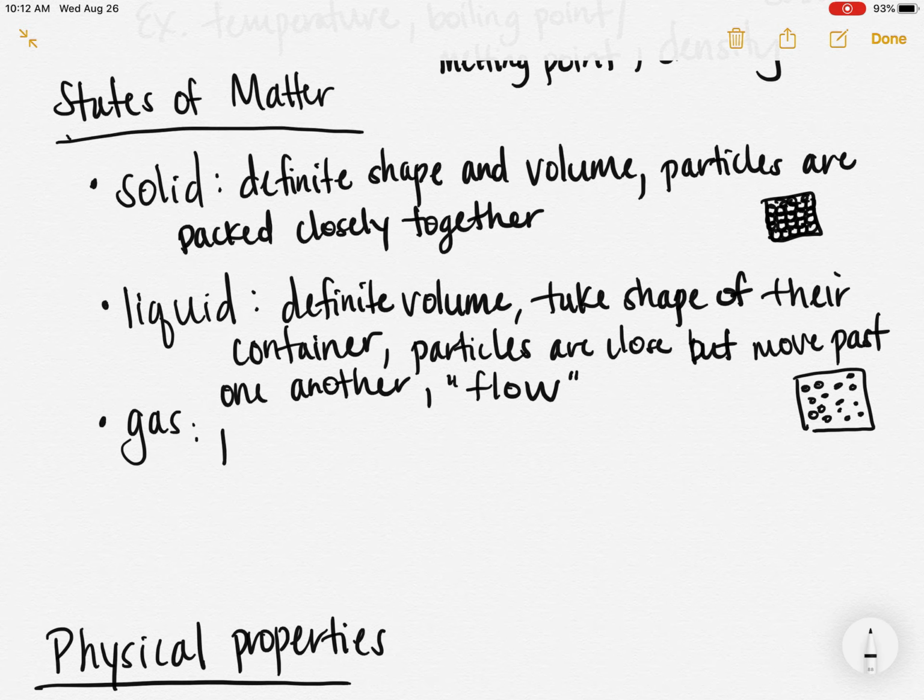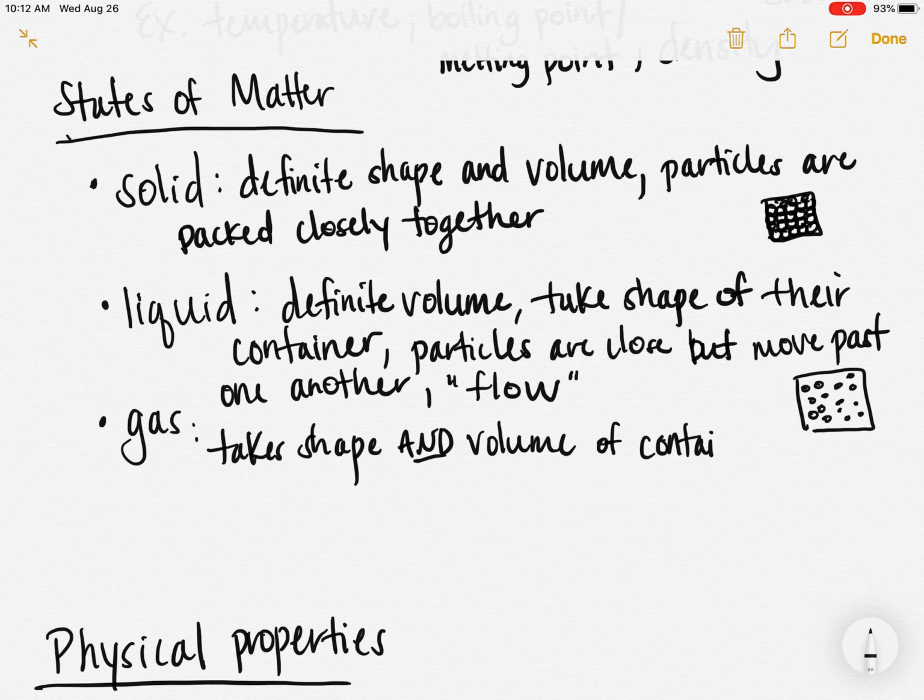Now a gas takes the shape and the volume of whatever container it's in. Think about a balloon. When you blow carbon dioxide into a balloon, your carbon dioxide fills the balloon to take the shape of the balloon, and also it fills it to take up the whole volume of that balloon.